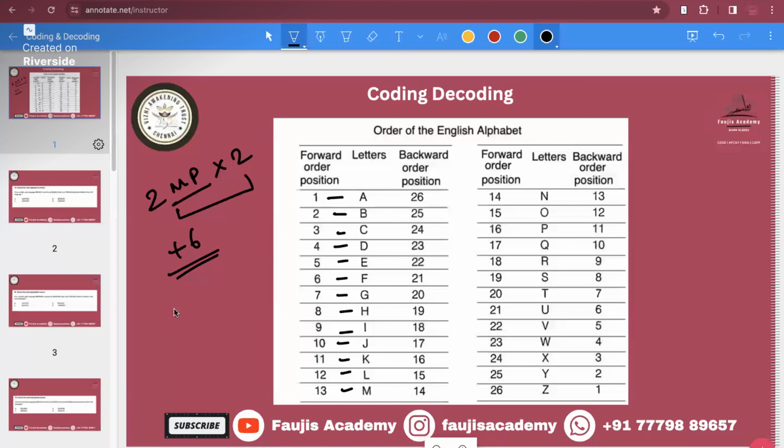Remember E, J, O, T, Y, which are positions 5, 10, 15, 20, and 25. For the reverse order, we have V, Q, L, G, B at 5, 10, 15, 20, and 25.